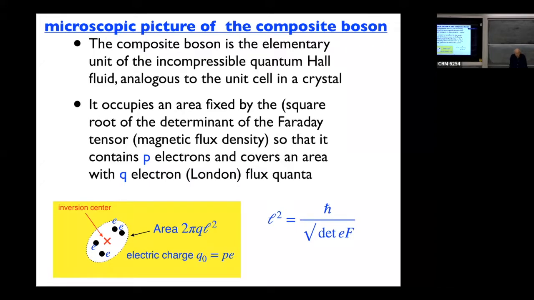So we now have a load of internal structure here. It's got a fixed area, it's got a shape, and it's got some stuff inside it, whatever the elementary charge is. And in this case, we see it's made out of electrons.